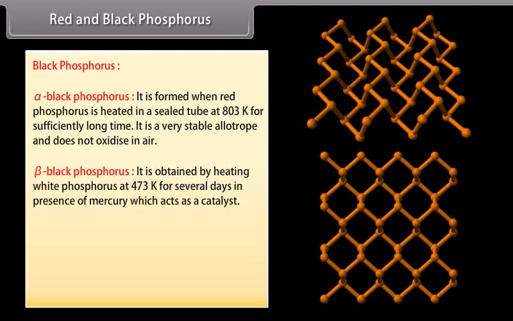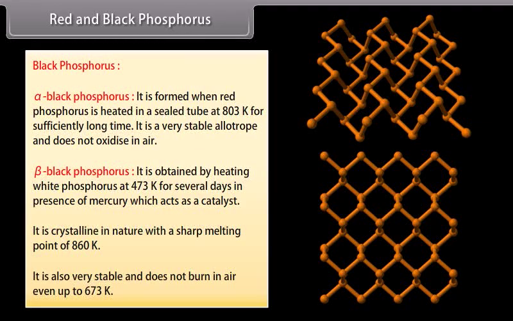It is obtained by heating white phosphorus at 473 Kelvin for several days in the presence of mercury, which acts as a catalyst. It is crystalline in nature with a sharp melting point of 860 Kelvin. It is also very stable and does not burn in air even up to 673 Kelvin.